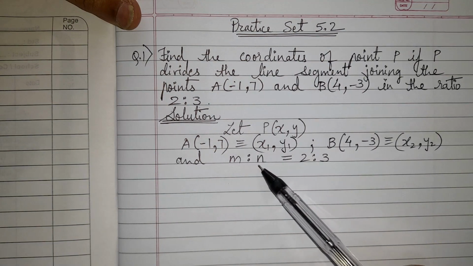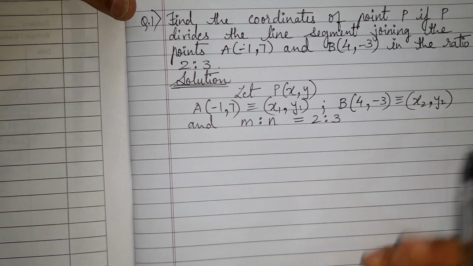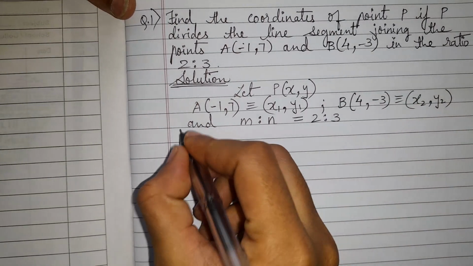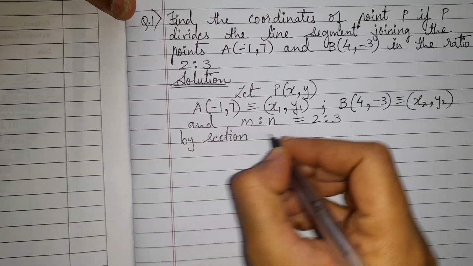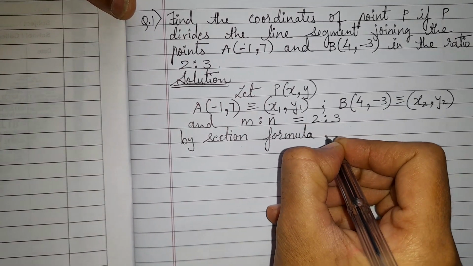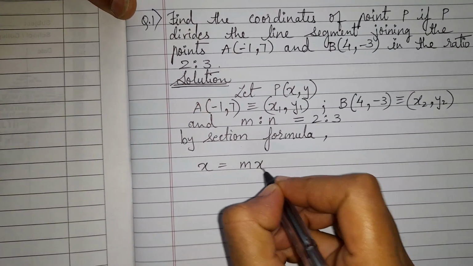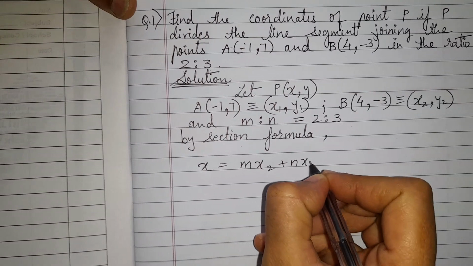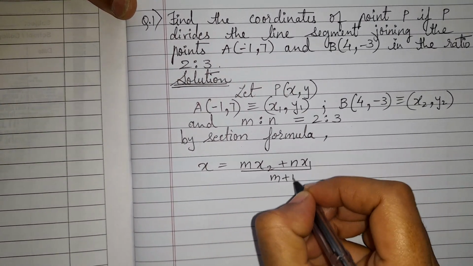Therefore, m is to n equals 2 is to 3. Now, by the section formula, x is equal to (mx2 plus nx1) by (m plus n).